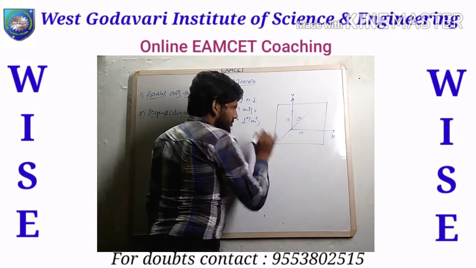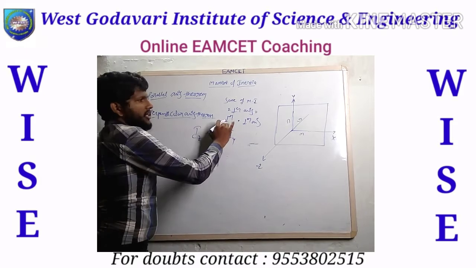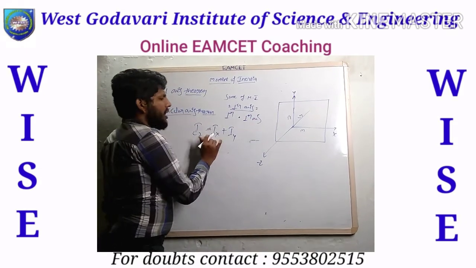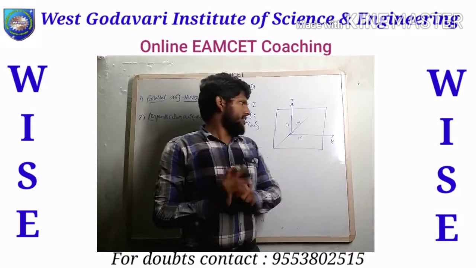So simply the another perpendicular axis is Iz and these two perpendicular axes are Ix and Iy. This is what the definition.